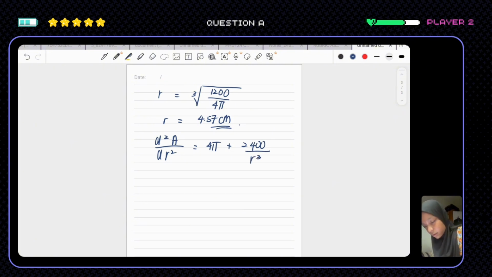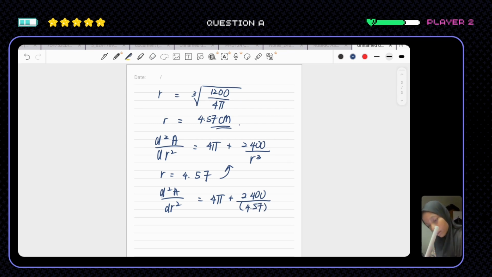Then substitute the value of r, 4.57, into the equation. So d²A/dr² equals 4π plus 2400 over 4.57 to the power of 3.